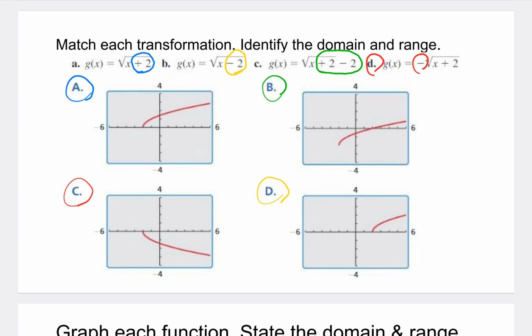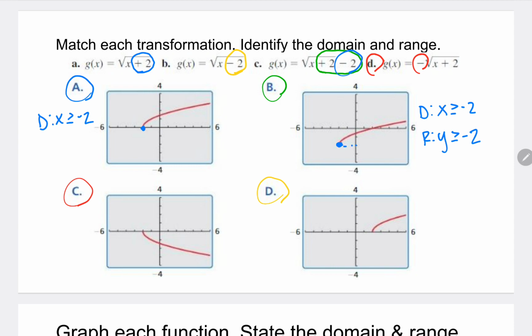So you can see for each one of these how the domain would be affected. For A, this first graph, our domain would be everything bigger than -2. The same for B. This domain would be everything greater than or equal to -2, but this one, the range is also affected because it got moved down 2. So our range on this one would be everything bigger than -2 on our y.